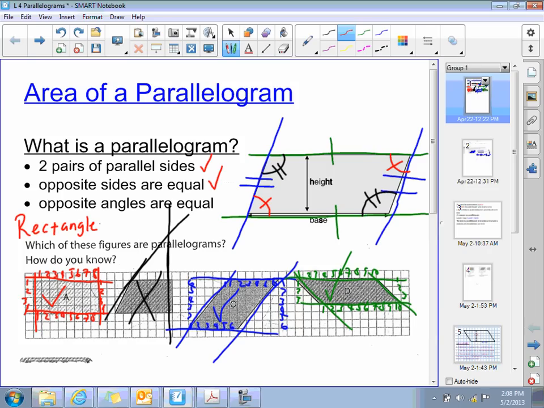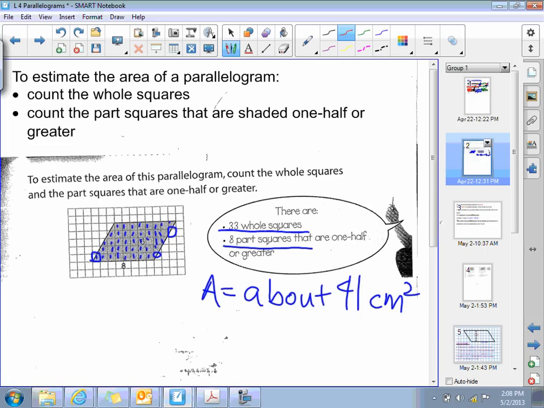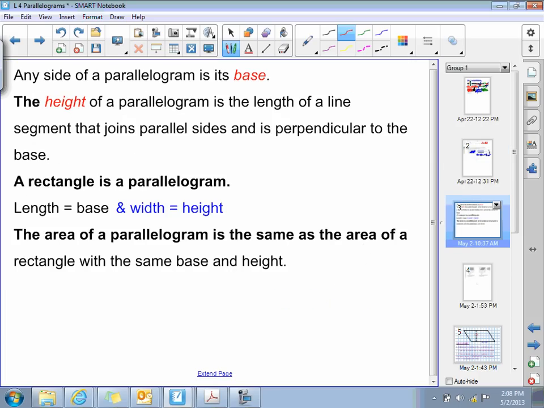So a rectangle can be considered a parallelogram. When I move to the next page and I ask you to estimate the area, we won't talk about area in length times width with parallelograms. What we'll talk about is a base and a height.